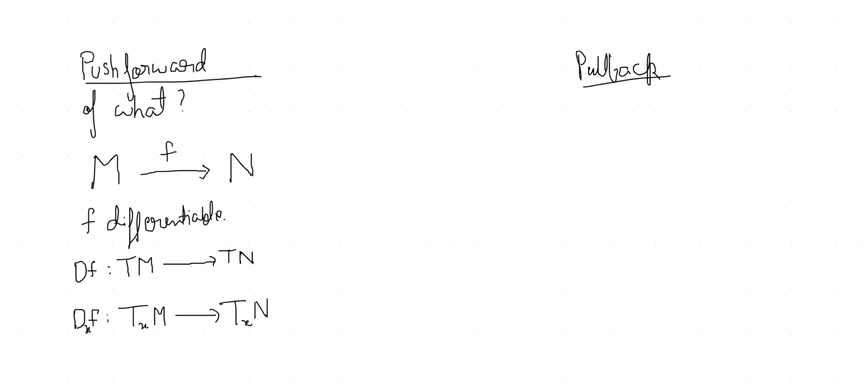And basically now you see that this f, which was a map between two manifolds, is now inducing a map between two different worlds, which are this tangent space and this tangent space at the respective points. Okay, I'm sorry, so this is something wrong.